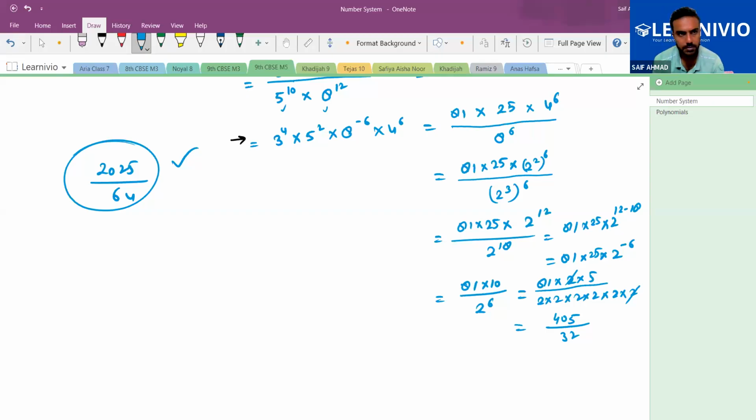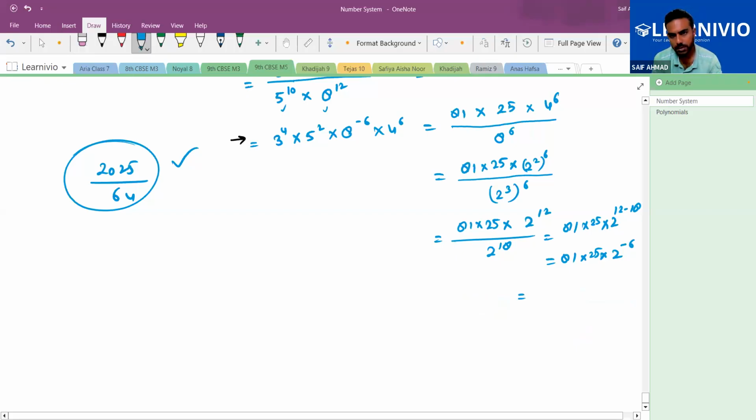This will be equal to 81 into 5 into 5 upon 2 raised to the power 6.